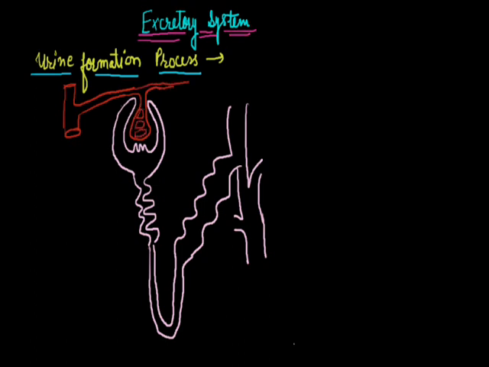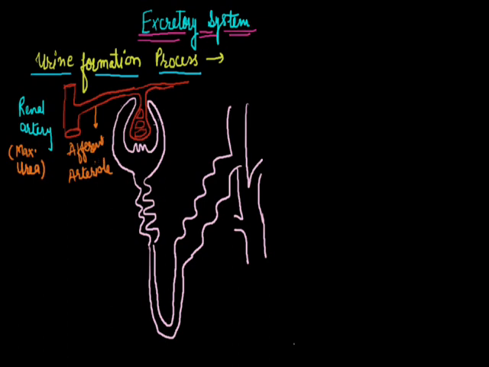I am going to label every structure. This is the renal artery that has maximum urea. This is the special point. The renal artery forms a branch known as renal arteriole or afferent arteriole that supplies blood to every Bowman capsule or every nephron.